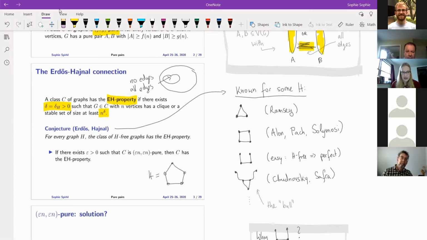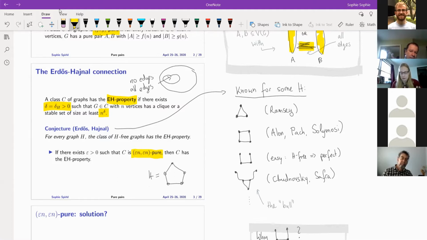But the good news, or what we thought was the good news at the time, is that if we can always find linear size pure pairs, that's enough to say a class has the Erdős–Hajnal property. So there is a way to turn linear size pure pairs into polynomial size cliques or stable sets.